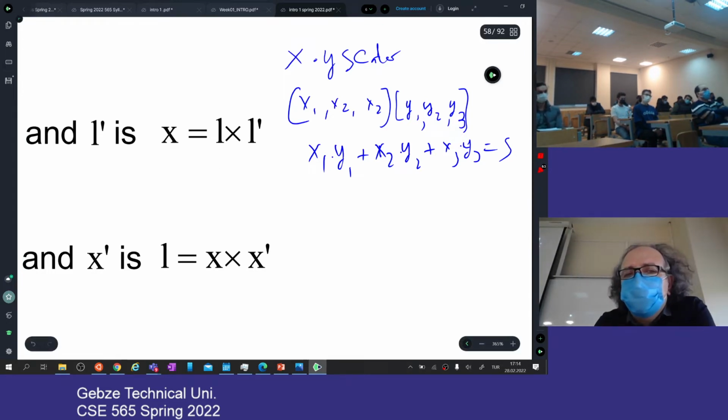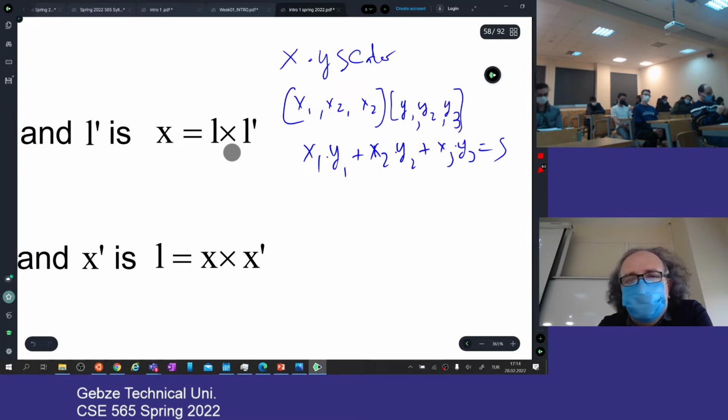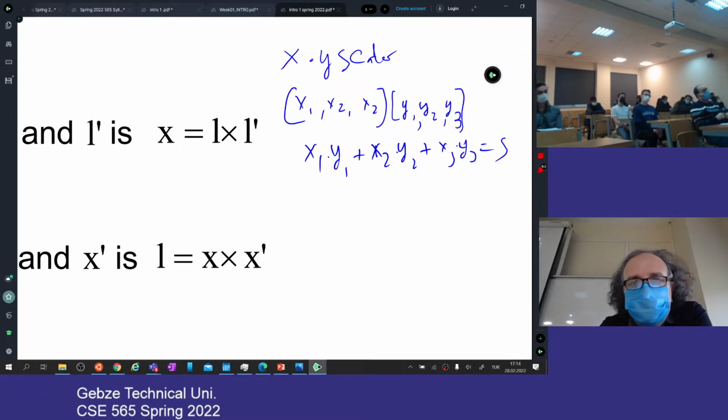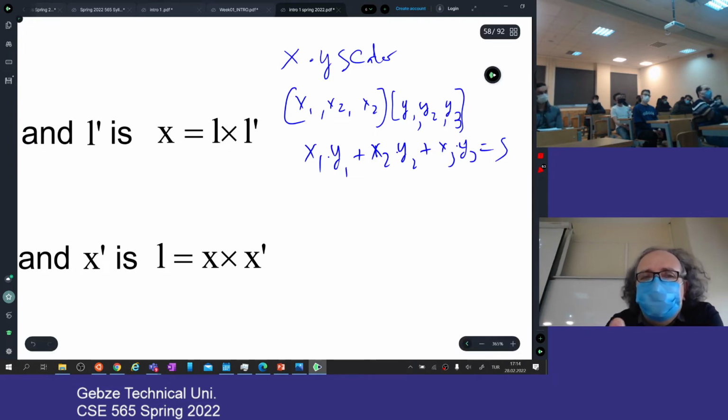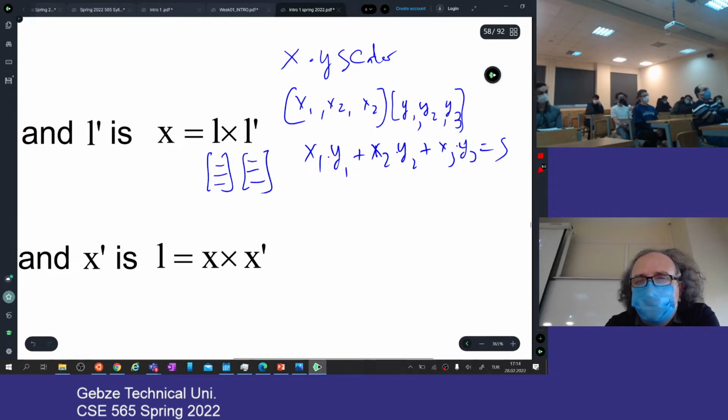If I cross product two lines or two three-dimensional vectors, what would I get? A vector of size what? 3, right? Again, if this is a three-dimensional vector, 1, 2, 3, and 1, 2, 3, you would get a three-dimensional vector.